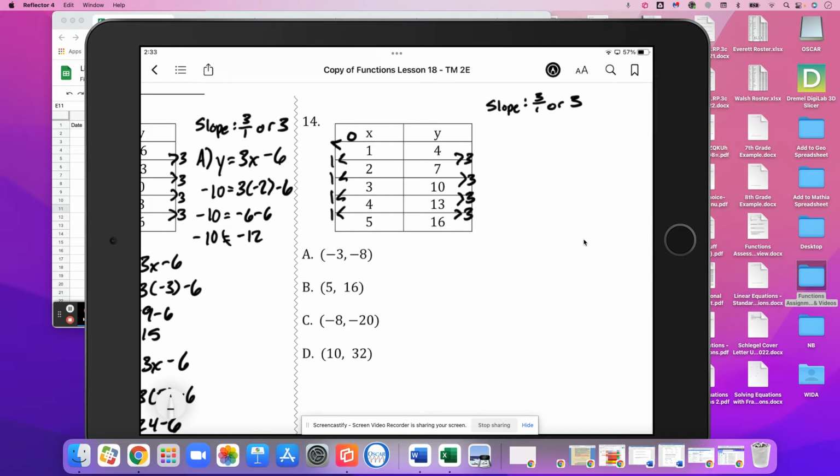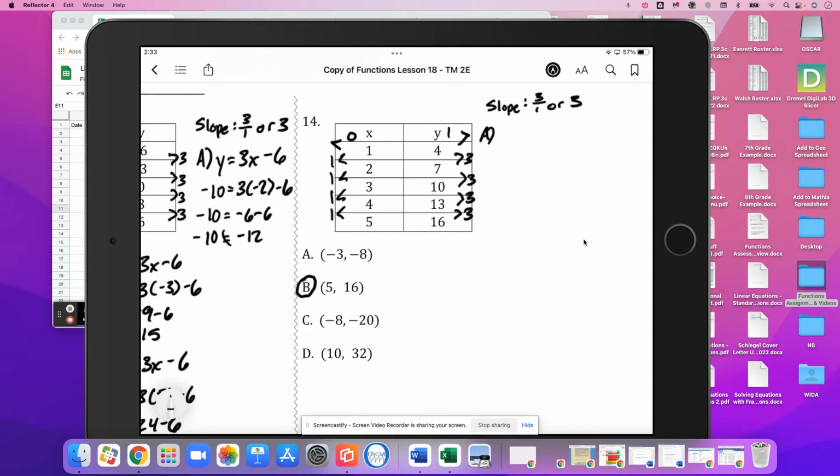Y-intercept, to get back to 0, we need to go back by 3 on this side. Puts us at 1, so our y-intercept is 1. And I didn't check to see if any of our points match. We do have points that match. Look, we've got 5 and 16 here, and 5 and 16 here. So point B for sure works. And none of the others are there to be able to test. So we can skip over testing B.